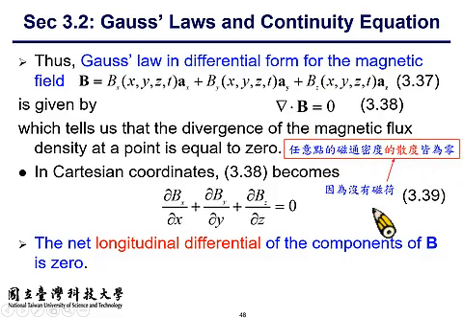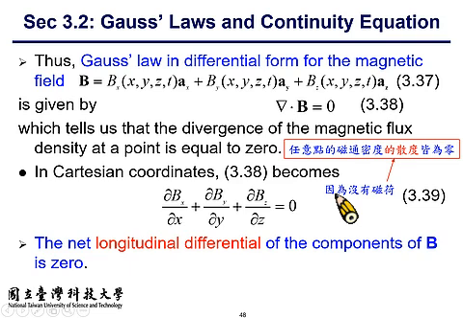So I can give you an arbitrary magnetic flux density distribution, and I may ask you, is this legitimate? Is this a legitimate magnetic flux density? To answer this question, you can simply take the divergence of the magnetic flux density function and check the result.